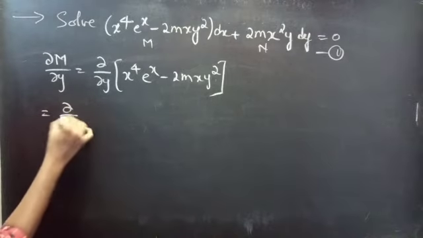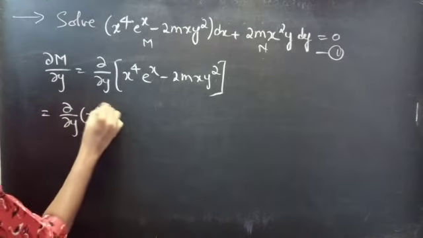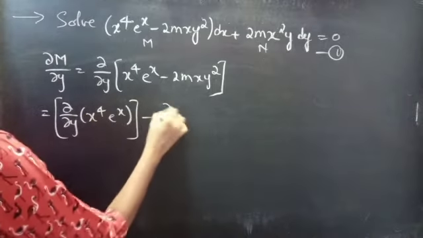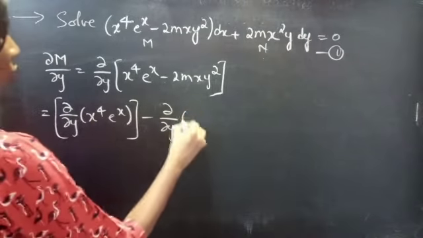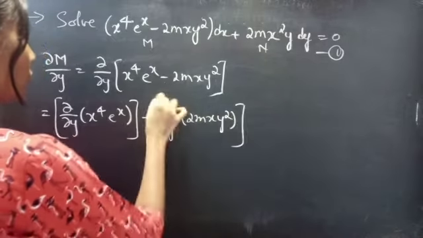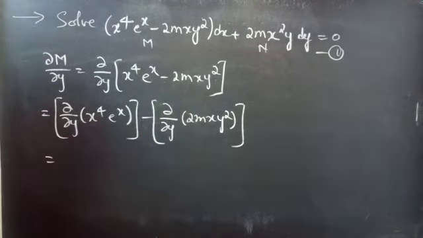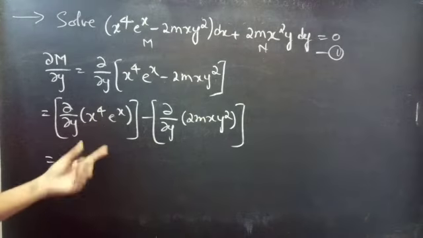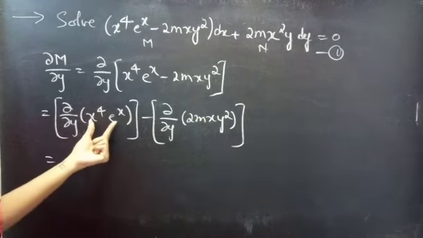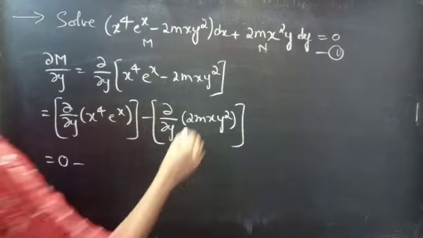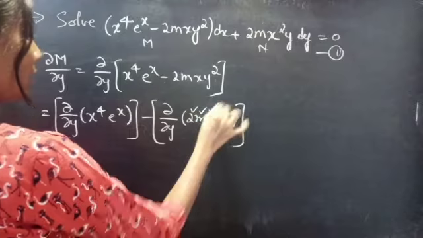This is the partial derivative of the first term with respect to y minus the partial derivative of the second term with respect to y. Here x⁴ and eˣ are constants, so the partial derivative of a constant with respect to y is 0, minus, here 2m and x are constants.